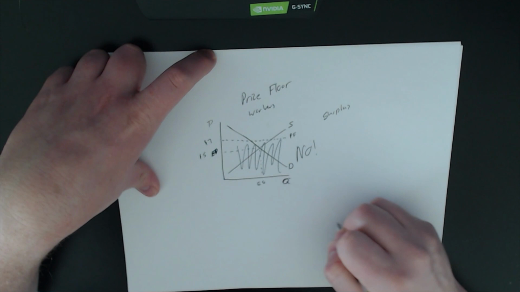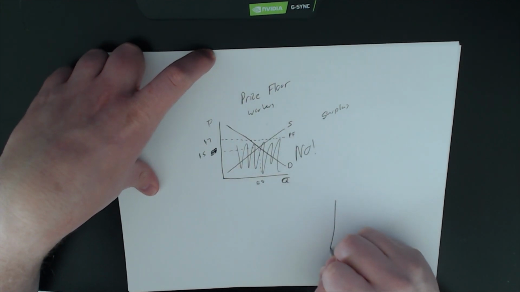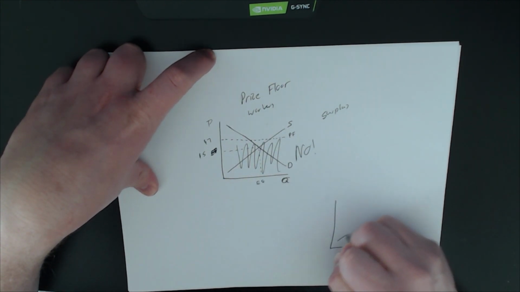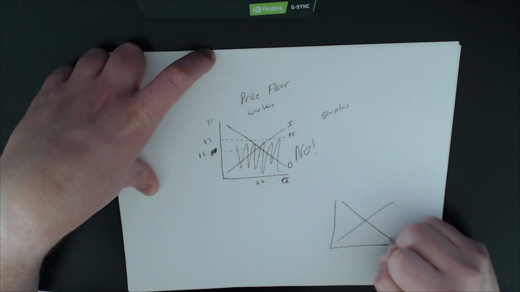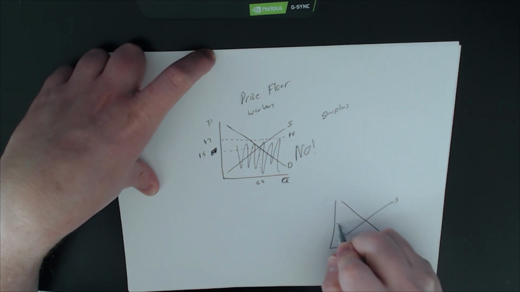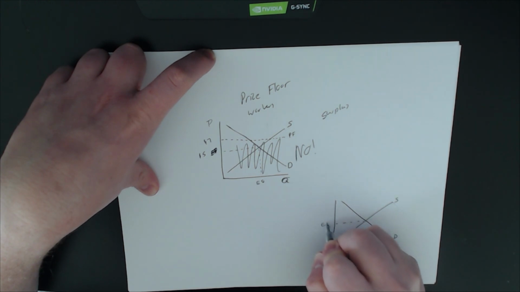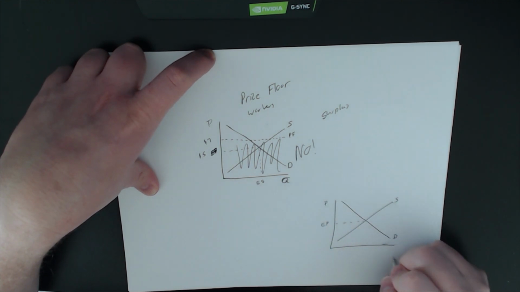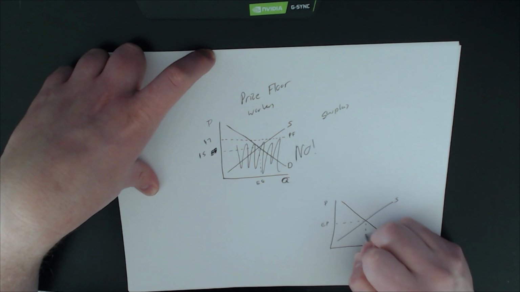Now, the other side of this is a price ceiling. Supply, demand, EP, price, quantity.